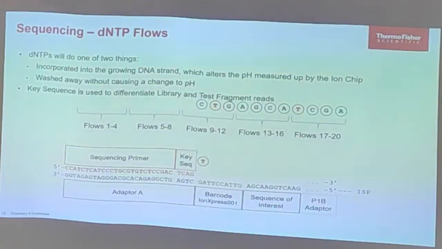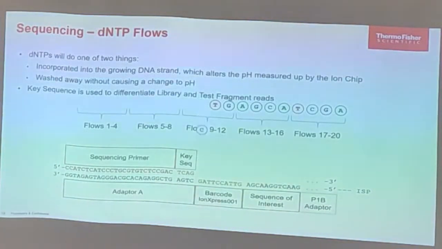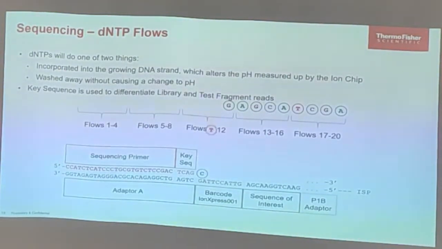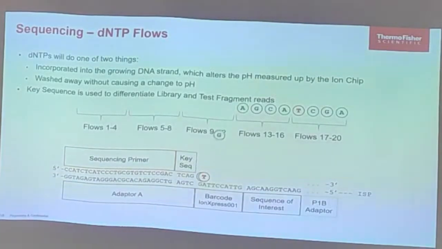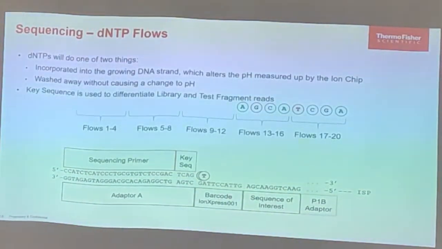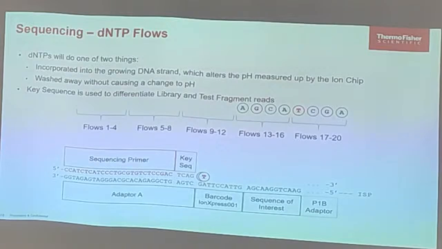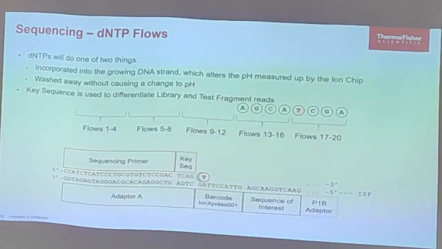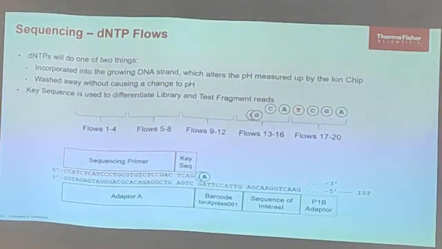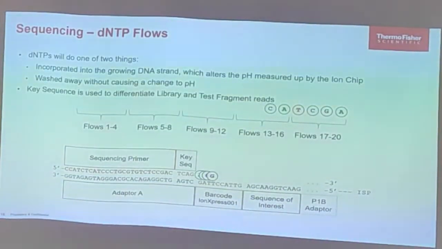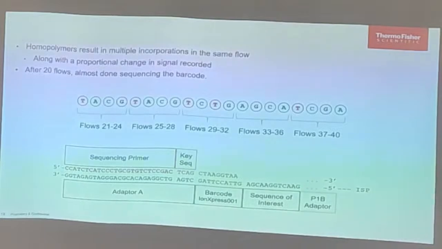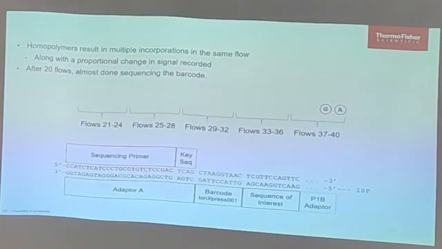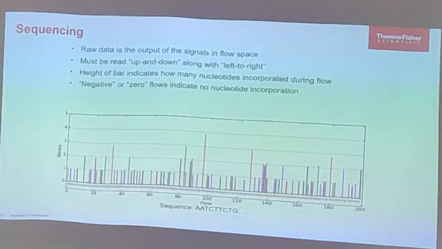So this is how you get the signal. If there is mismatch, it is washed out. So this is how the entire sequence is read, and this is the voltage part.